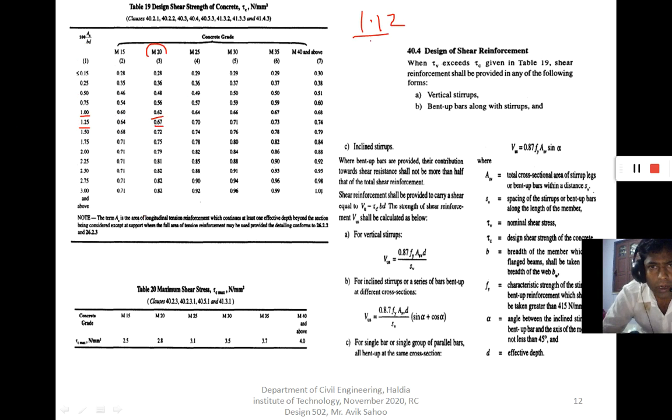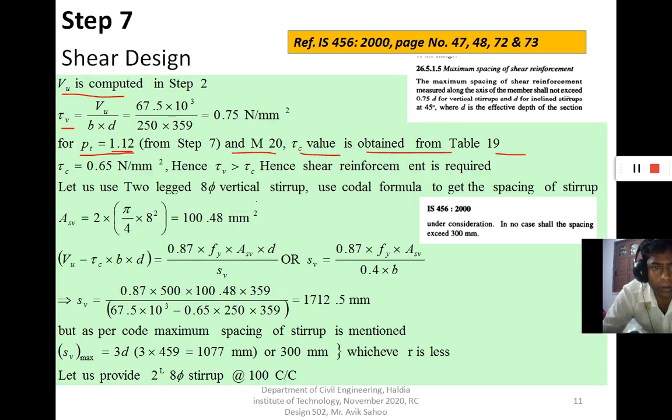So this is 0.62 for 1 and 0.67 for 1.25, so what is the value for 1.12? Doing the linear interpolation, we obtain the tau c value from table 19, that is 0.65 MPa.